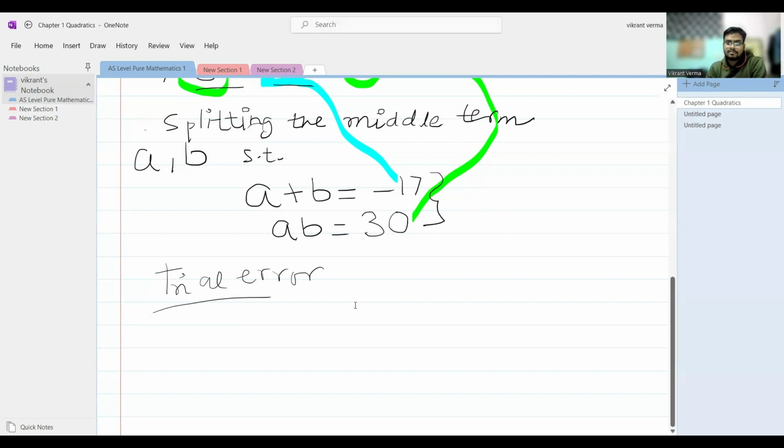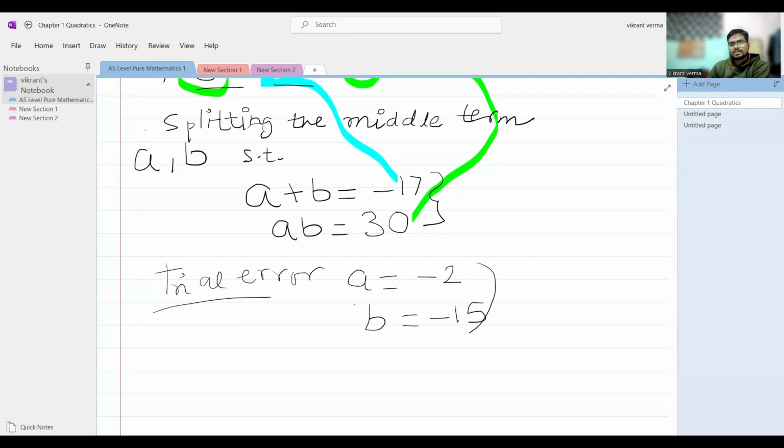Saying is easy, but finding them is not that easy in this particular case. But those two numbers for this particular example, when you take a equal to minus and b equal to minus, will work in this example.